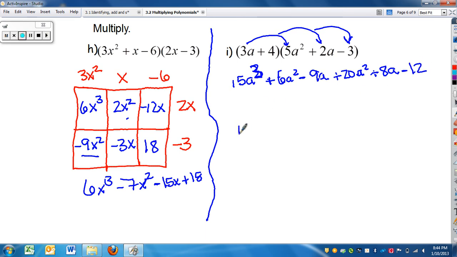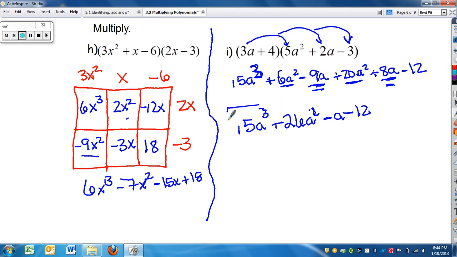So combining like terms, I only have one cubed term, so I have 15a cubed. Need to look at my a squares. I have 6 and 20, so that's plus 26a squared. I have negative 9 and 8, so that's a negative a. Again, we're going to encourage you not to use the 1. And then minus 12. That's my final answer.